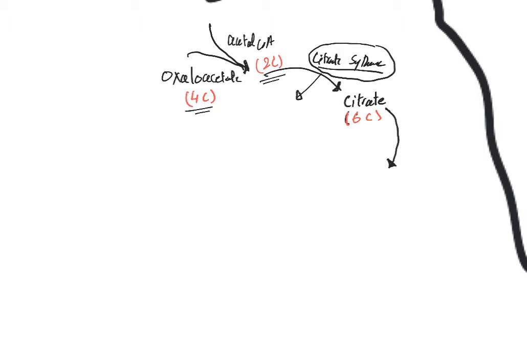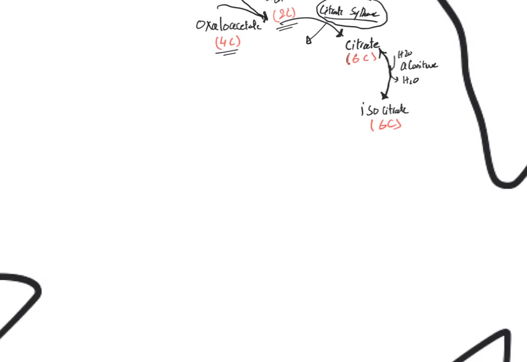From citrate, isocitrate will be formed with the aid of aconitase. This is the enzyme responsible for this, and there is water going in and water going out. It's basically the same thing, so there is no change in the number of carbons.